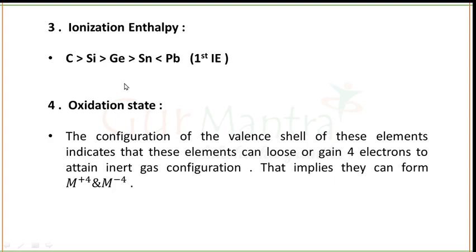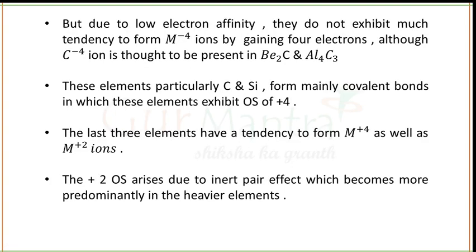That implies they can form M+4 ions or M-4 ions, depending upon the losing or gaining of electrons. But due to lower electron affinity, they do not exhibit much tendency to form M-4 ions by gaining 4 electrons.